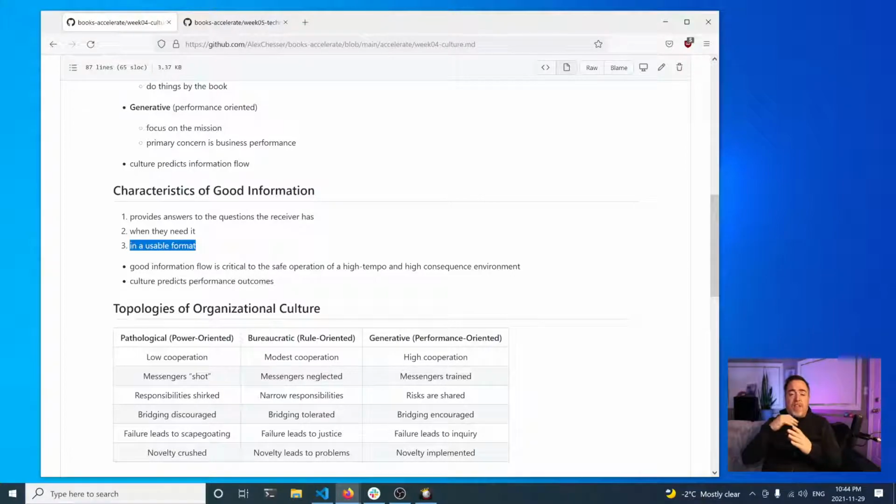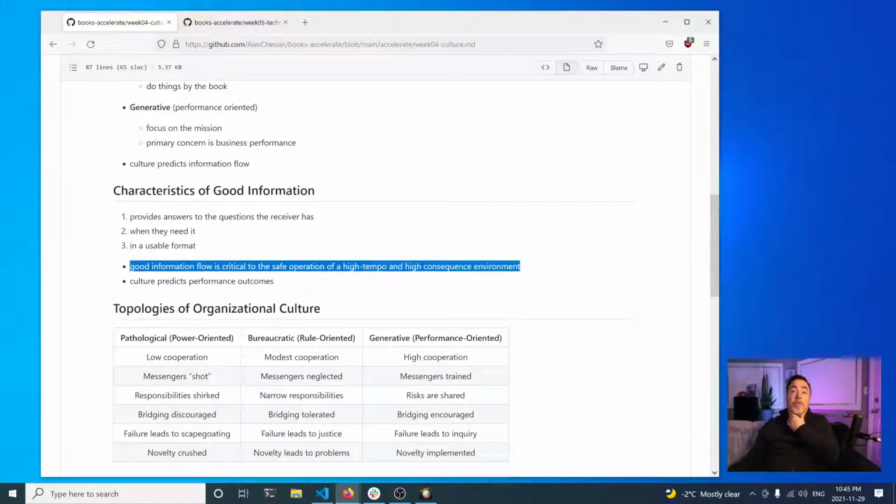So things are perhaps written down in really easily readable points, and it's well organized with a hierarchy and taxonomy, so you can jump to exactly the part that you want, and there's not a lot of extraneous information, not a lot of cruft. So good information flow is critical to the safe operation of high tempo environments and high consequence environments.